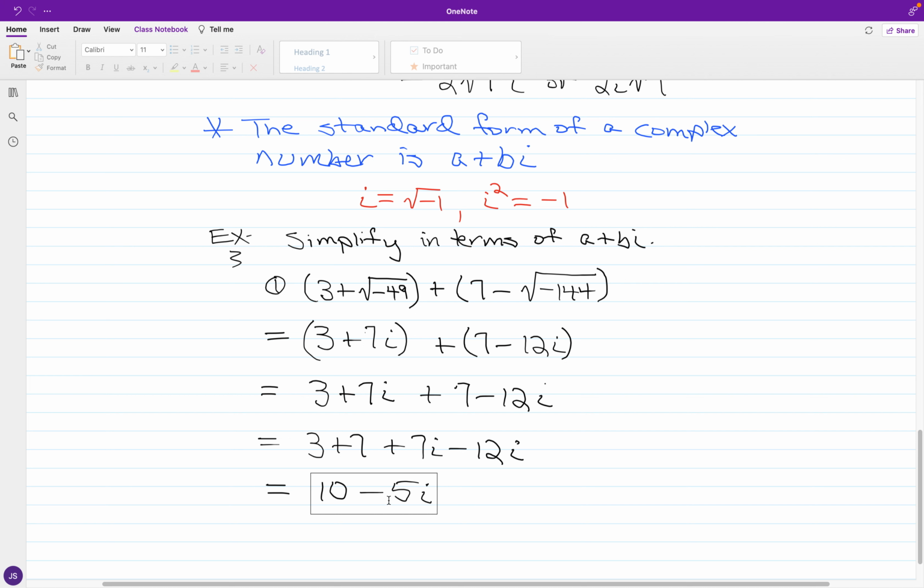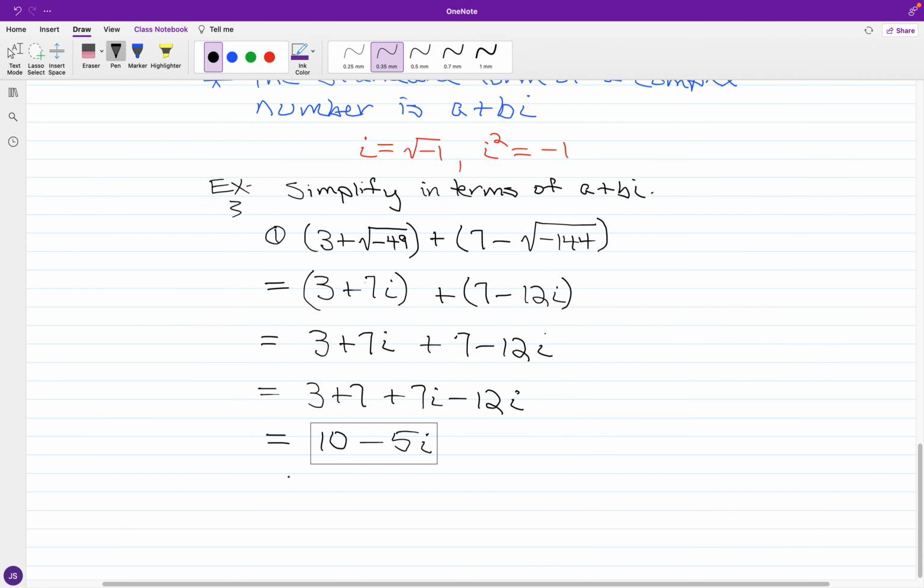Now let me mention, going back to what we have for single terms: i is equal to the square root of -1, and i squared is equal to -1.